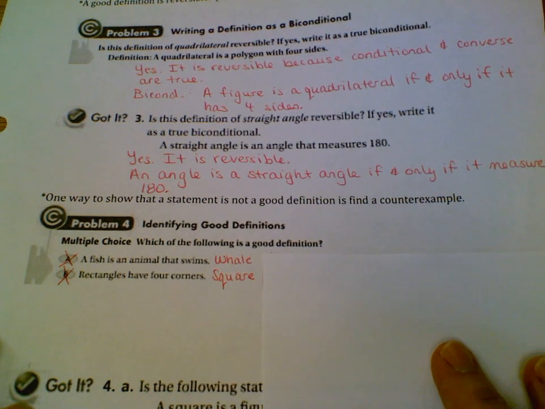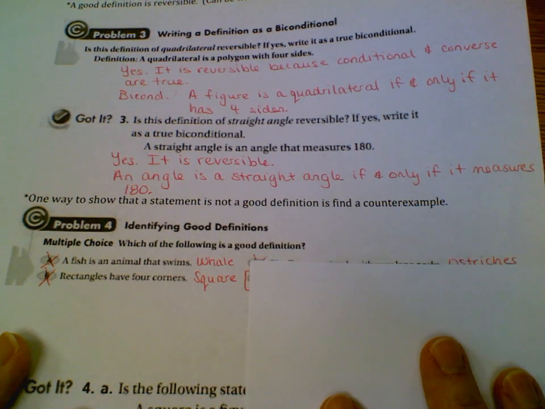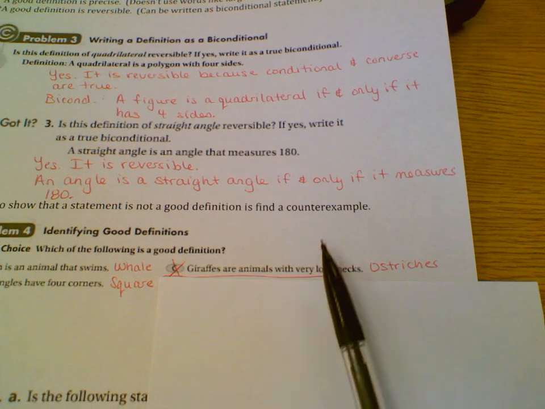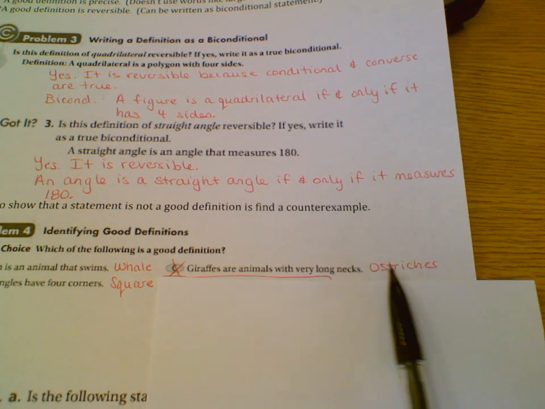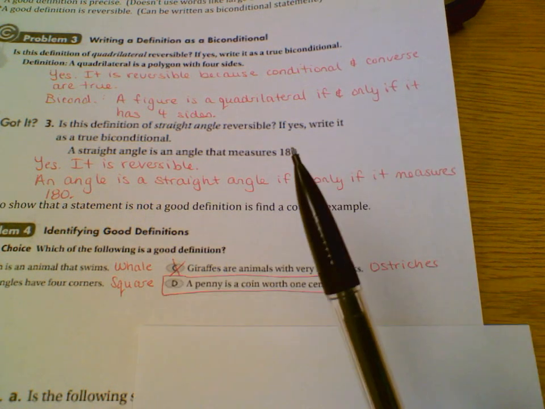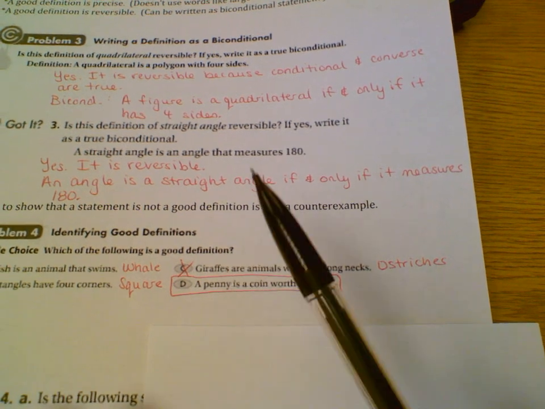Again, it's not very specific because a square also has 4 corners. Giraffes are animals with very long necks. Again, there are also ostriches with very long necks, so not specific enough. So then last, a penny is a coin worth 1 cent. There is only one coin that is 1 cent, and that is the penny.